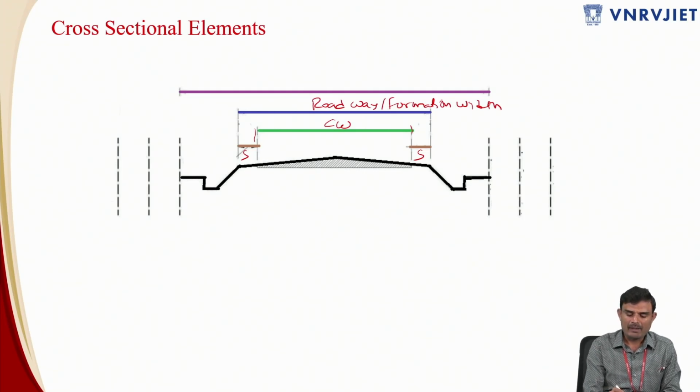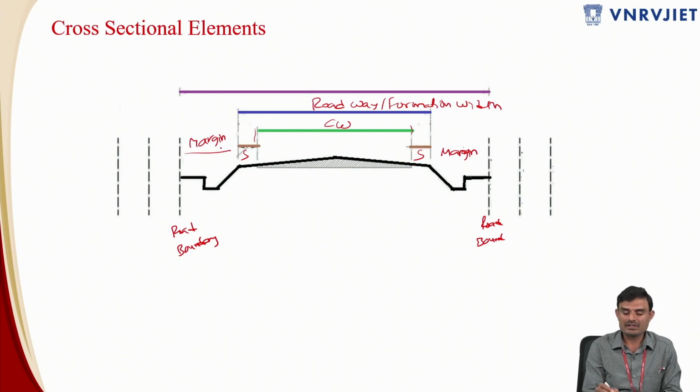Apart from that, you also have road margins. This is the margin on either side, the margin over here, and the margin over here. This is basically the road boundary. Road boundary is a point, and margin is a space or width.